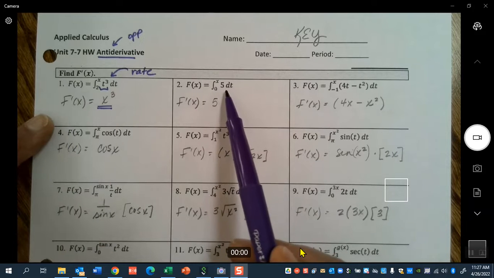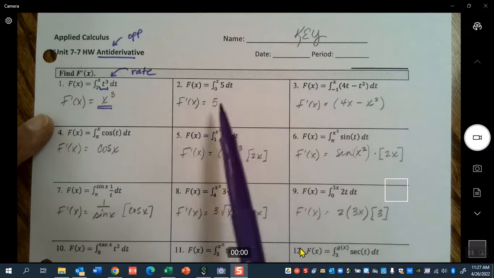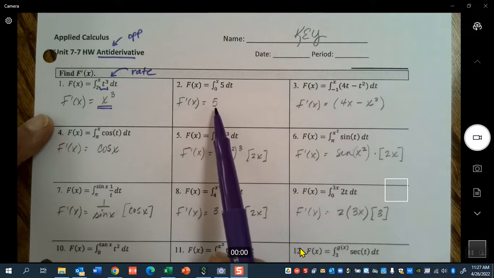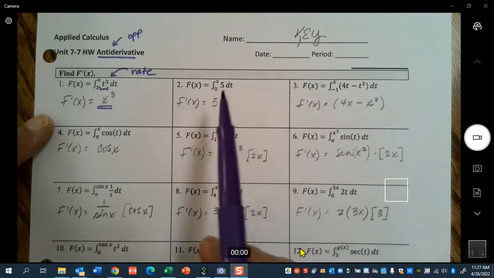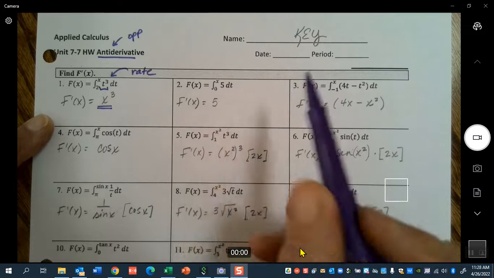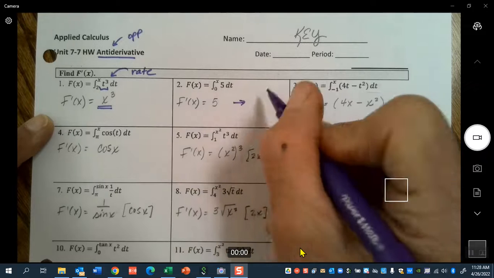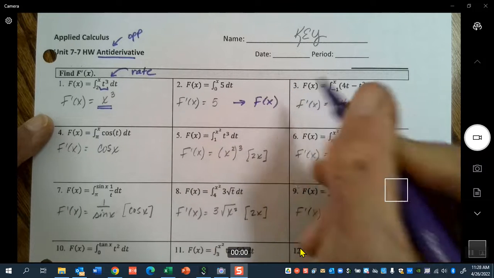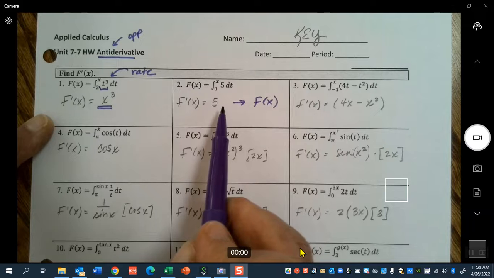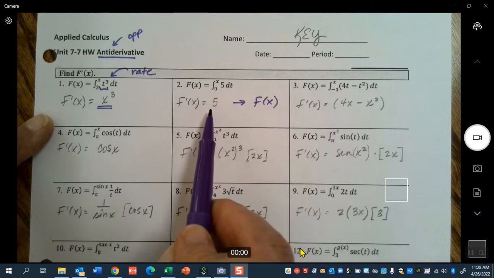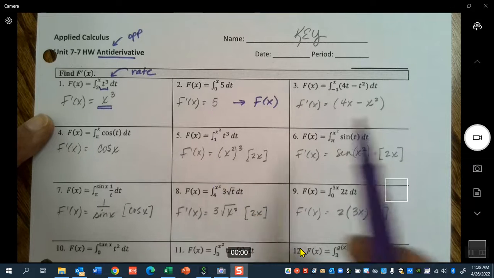By putting x in, there's no variable, so the rate of this function is just 5. Today we're going to be taking this and putting it into terms of what my original function was. Think about what happens when I take the derivative: I end up with just a constant.